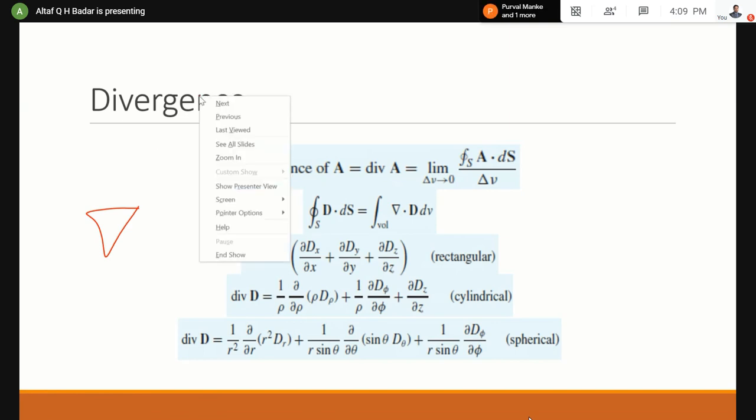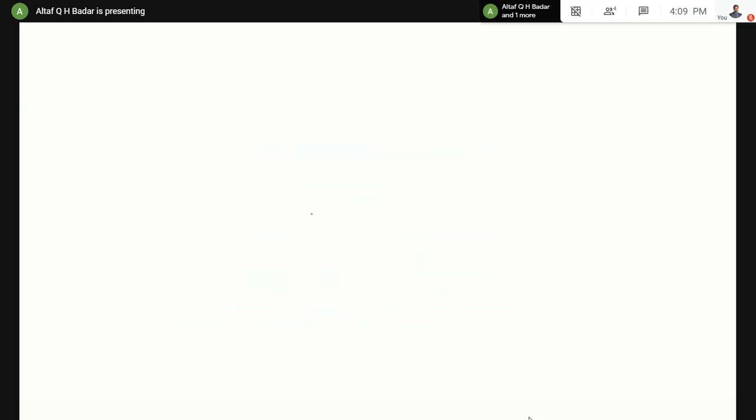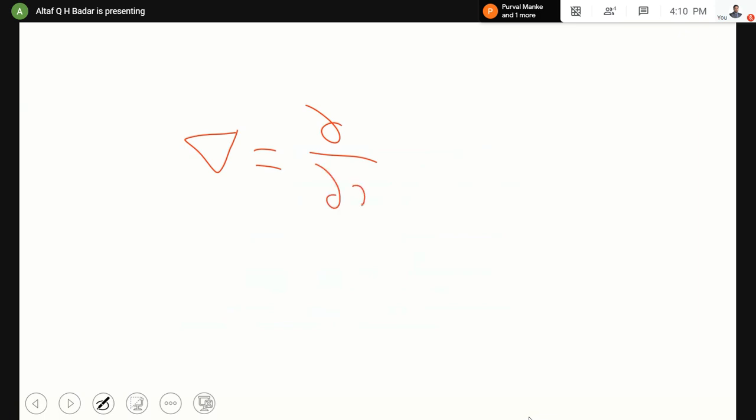The del is a vector, and when we go for divergence, you go for a dot product. The dot product of two vectors becomes a scalar, right? So this is given as del dot.